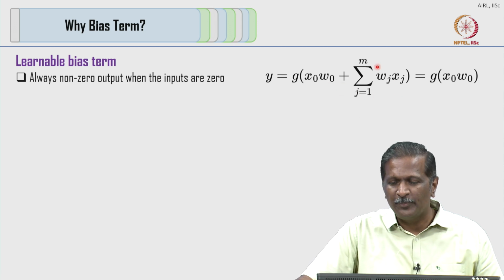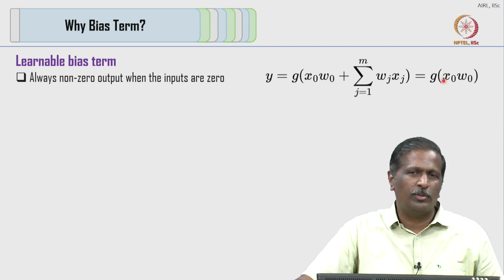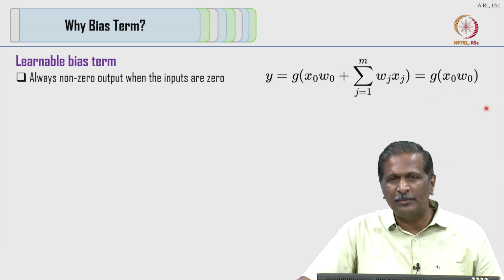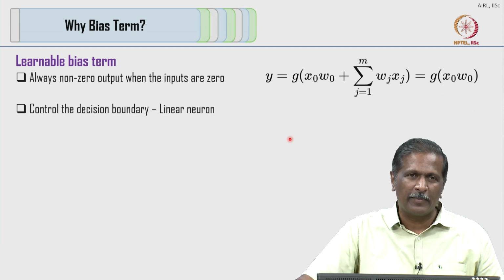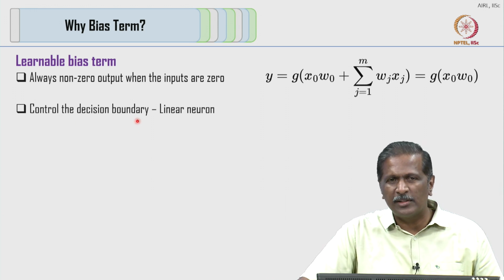Think about it: if all xj's are 0, the term within the summation becomes 0, and what you get is only x0 w0. This will provide a non-zero output. I need the bias term to get a non-zero output. This also helps the decision boundary. We will talk about the decision boundary in subsequent lectures.